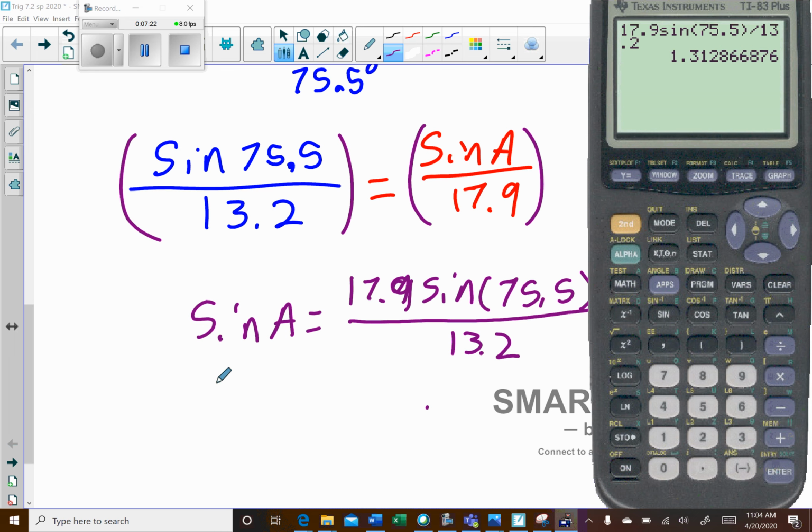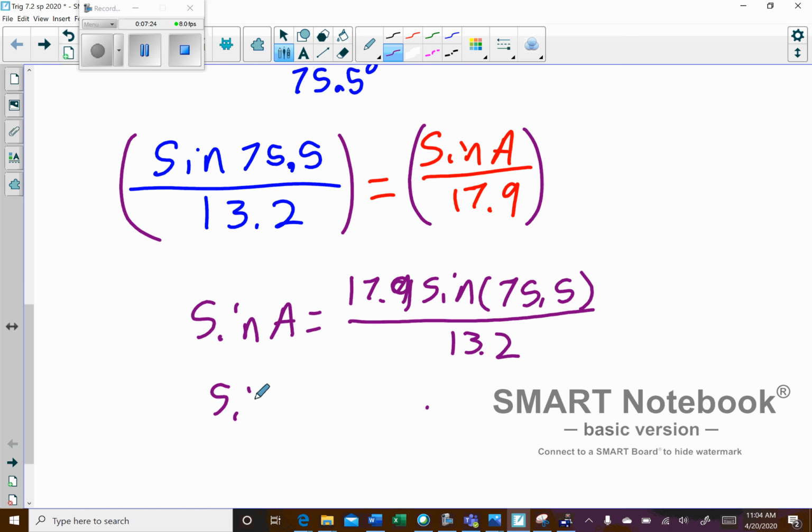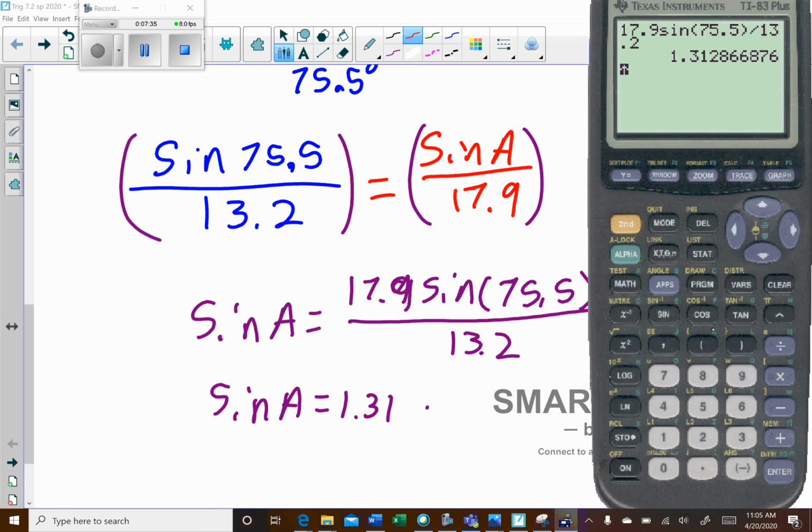So sine of A equals 1.31, so on. And so if you tried to take the sine inverse of 1.3128, whatever, it's not really going to make a difference because it's going to come back with an error. Okay, error. So that's not even possible.